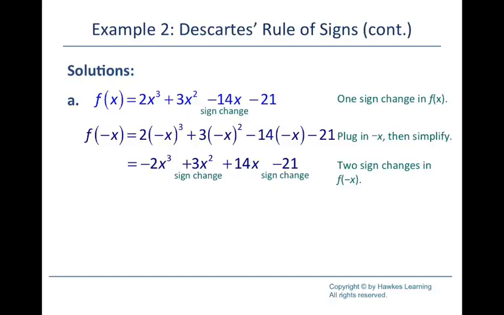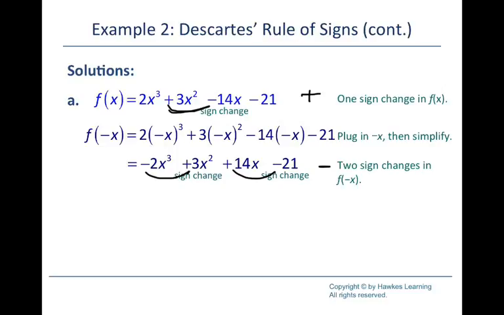Here we have sign changes: negative to positive is a sign change, positive to positive is not, and then positive to negative is a sign change. So we have two sign changes. This is for the positive real zero, and this is for the negative.